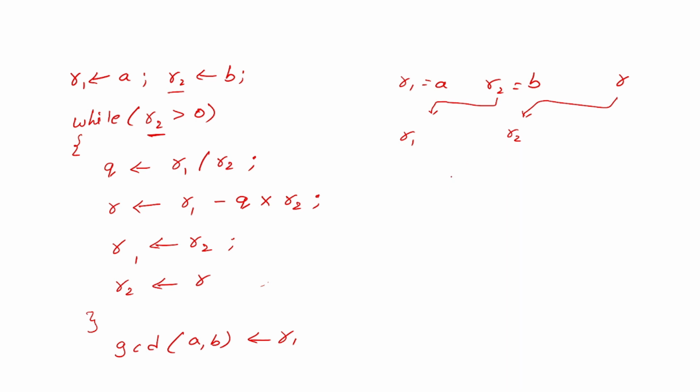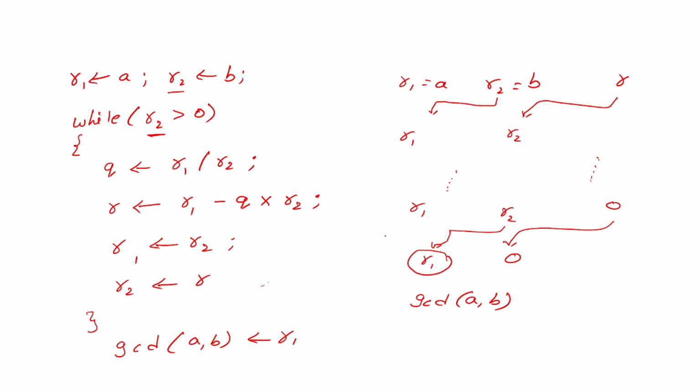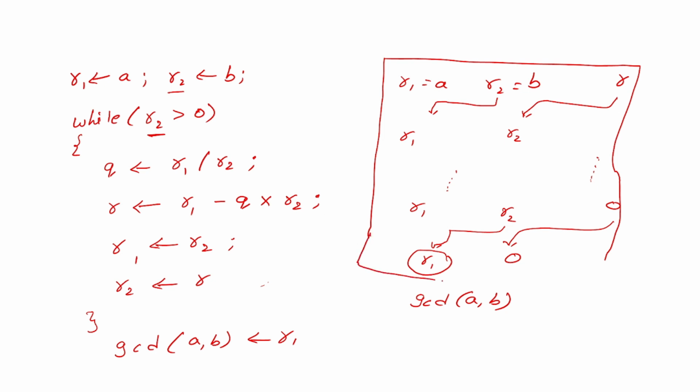Okay, so we need to continue this process until R1, 0. Then R1 will be taken as GCD of A comma B. So you need to write this in table format like this.